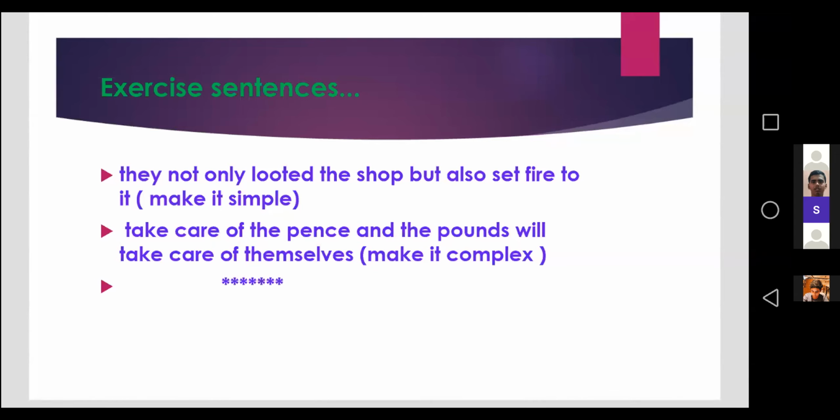As I mentioned, there's no harm in trying. So just tell me. If, correct. And make the sentence. If you take care of the pence, the pounds will take care of themselves. Perfect. So here you will be using "if", and why are we using "if"? Because the sentence indicates condition. If you take care of the pence, the pounds will take care of themselves.